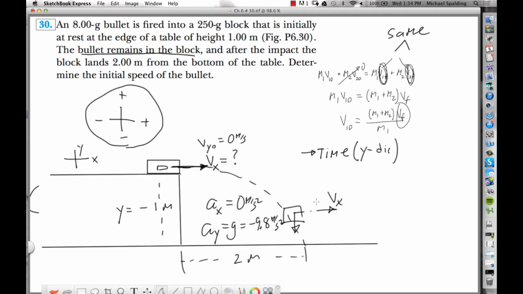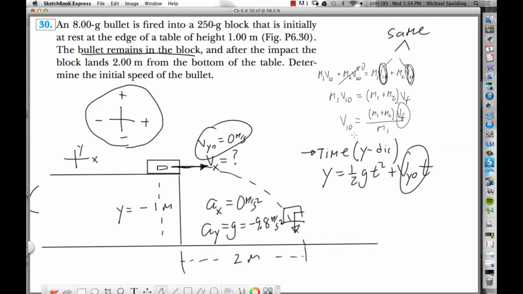We're going to use the first kinematic equation, the first one on the list: y equals 1/2 g t squared plus vy initial t. What's the initial y velocity when the block leaves the edge of the table? 0. So t is going to be the square root of 2y over g.